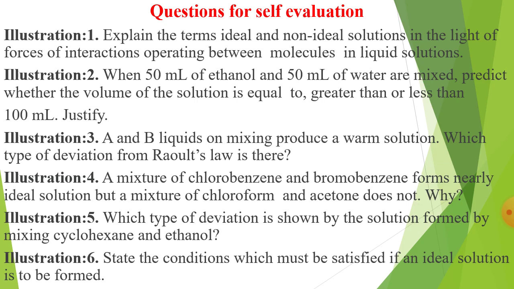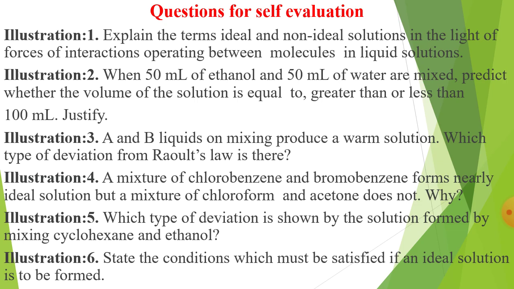Illustration third. A and B liquids are mixed to produce a warm solution. That means interaction is much more and the reaction should be exothermic. Which type of deviation from Raoult's law is there, negative or positive?